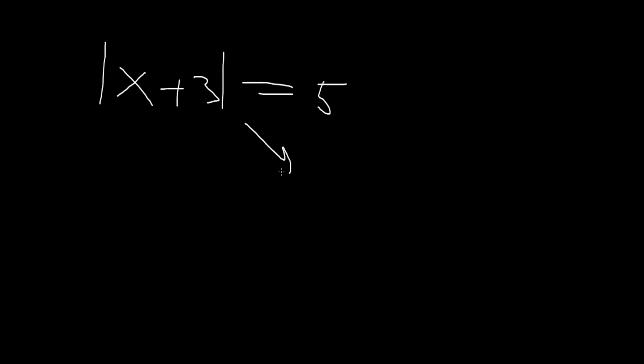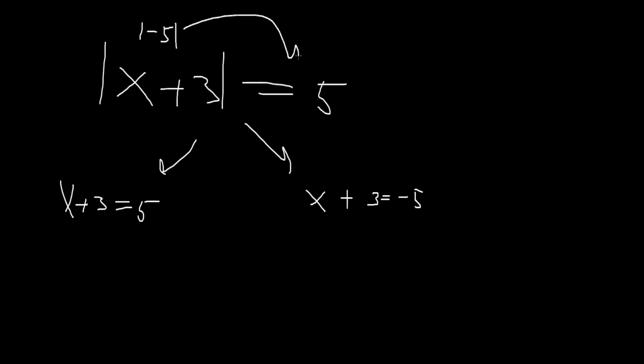So if I have something like x plus 3 equals 5, normally I'd just subtract 3, it'd be 2, I'd be done. But with absolute values, there are actually two forms of this equation I have to do. I have to do x plus 3 equals +5, and I have to do x plus 3 equals -5, because -5 would also be a valid solution, since the absolute value of -5 would also be 5.